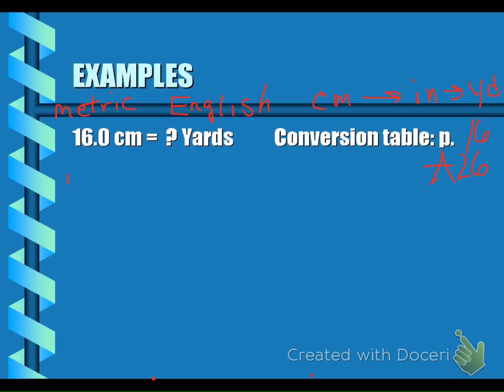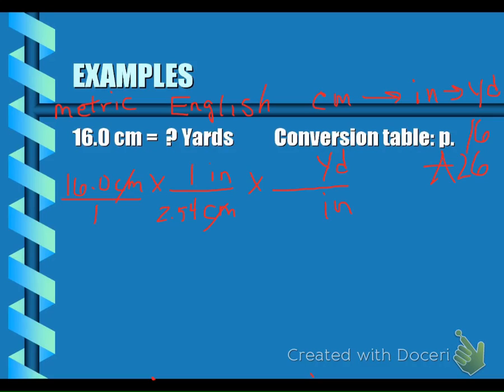So we write our 16 centimeters as a fraction. I want to get rid of centimeters, so I need to write a conversion between centimeters and inches, with centimeters being in the denominator. I look on page 16 and I find that the equality is 2.54 centimeters is 1 inch.